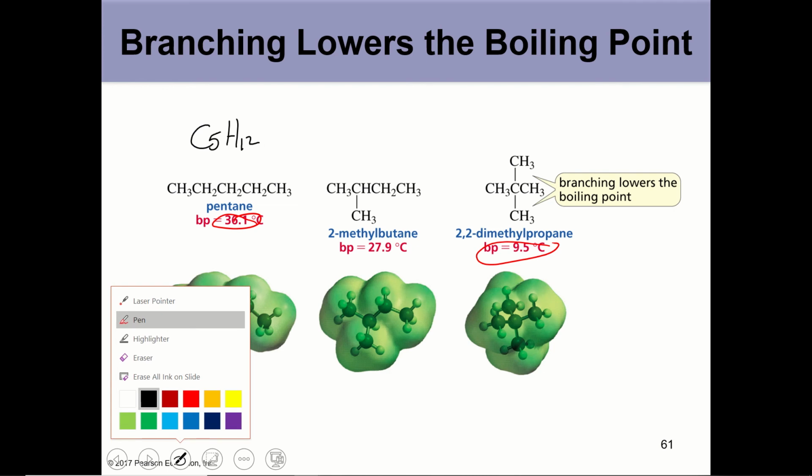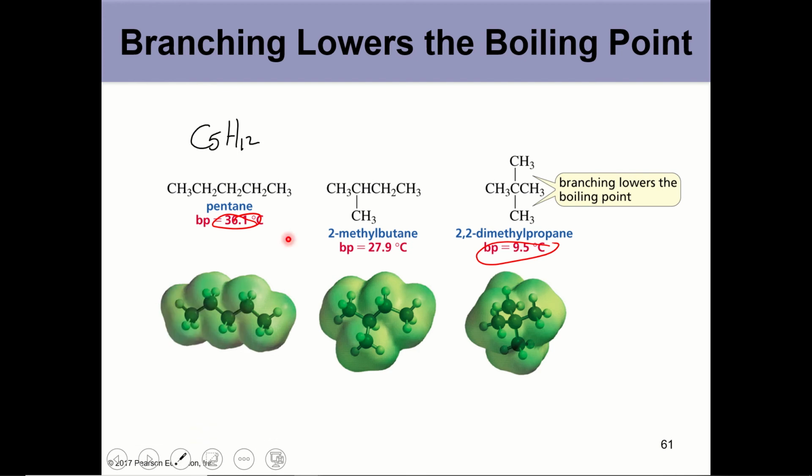So the masses are identical, and that is not what is determining boiling point. In this case, what is determining boiling point is overall surface area. A straight chain has a larger surface area than a branched chain, and therefore a branched chain has a lower boiling point.